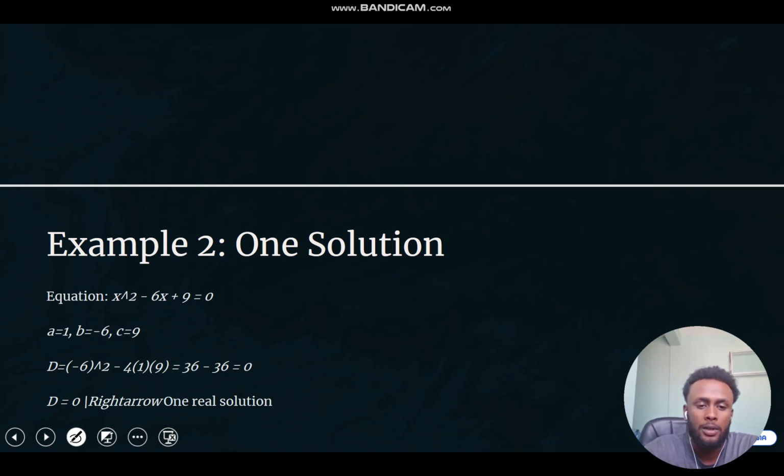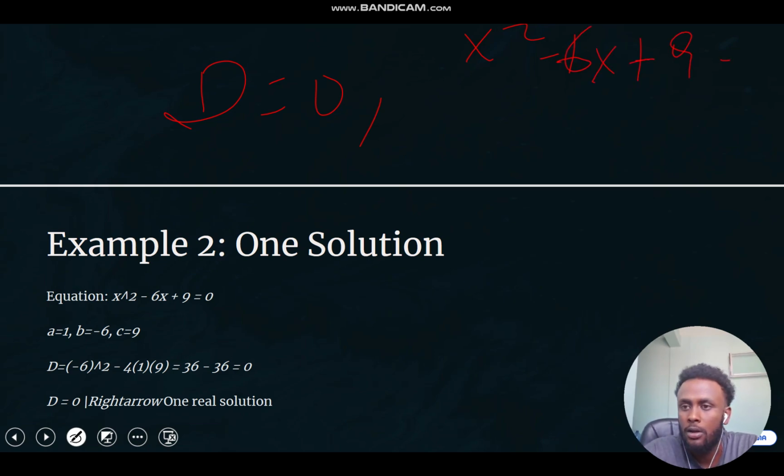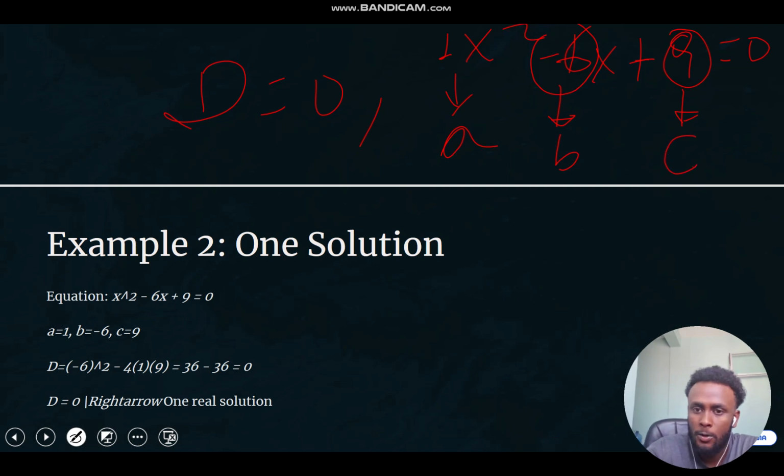For the second example, for discriminant equal to 0, let's write x squared minus 6x plus 9 equals 0. In this case, a is 1, b is minus 6, and c is 9. So b squared minus 4ac is the discriminant.